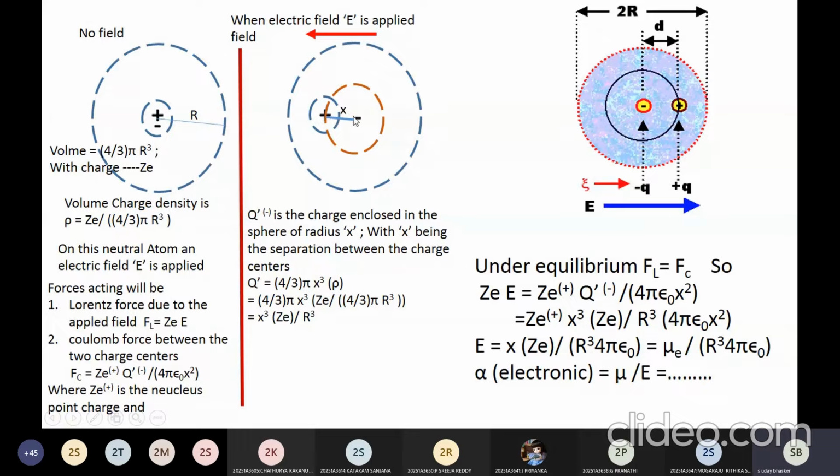That is, Coulomb force comes into picture. Lorentz force, that is force because of the field, is ZE into E. And the Coulomb force over here is Q1 Q2 by 4 pi epsilon naught x square, where Q1 is ZE and Q2 is Q dash. Q dash is the charge enclosed in this sphere.